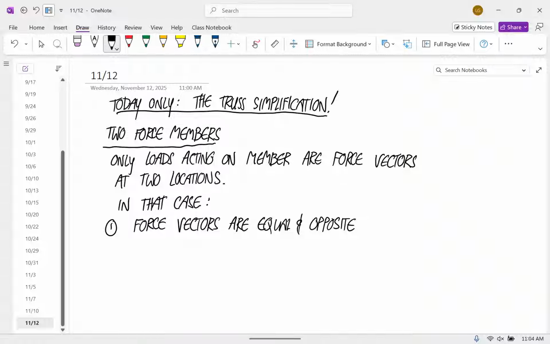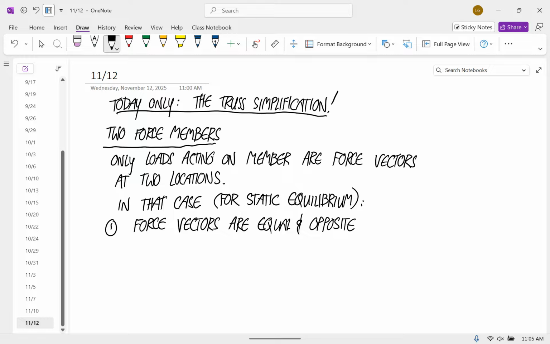And I should say, this has to be for static equilibrium for this to be true, which we're always assuming in this class. But the force vectors have to be equal and opposite.